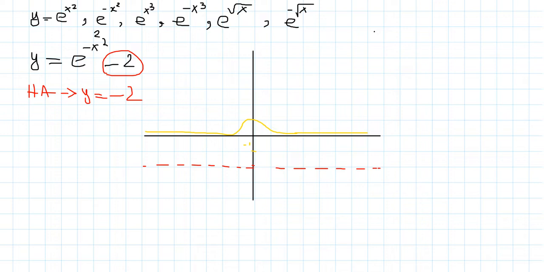And now I draw it. It is the graph of y equal e to the minus x squared minus 2. Okay, when you have here number for y, it will be your horizontal asymptote.